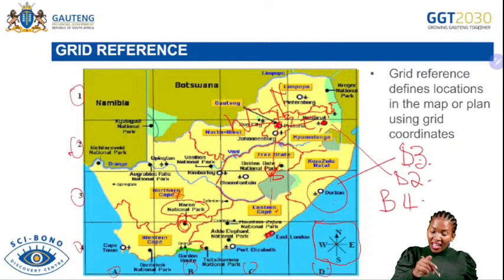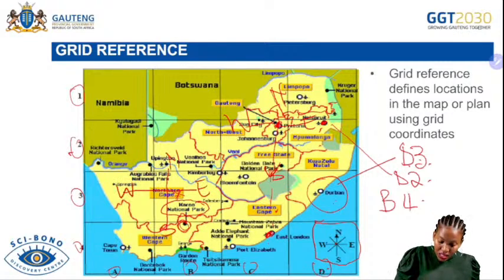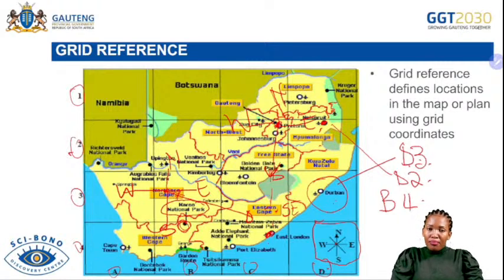When they say in relation to Northern Cape, this is where you position your compass. So what is the direction of the Eastern Cape? It is the southeast of Northern Cape.